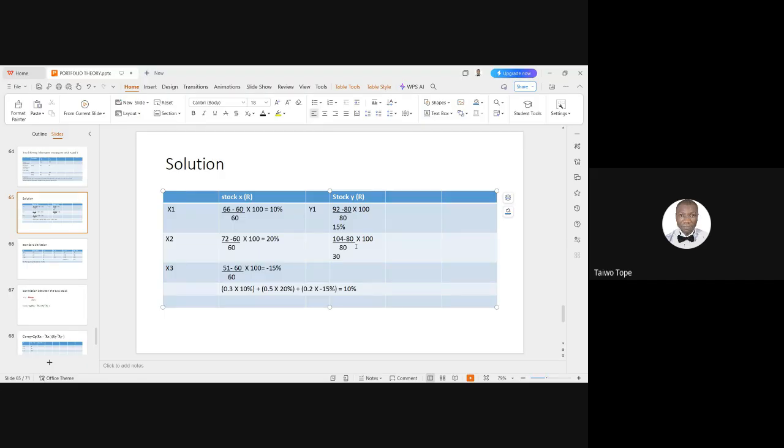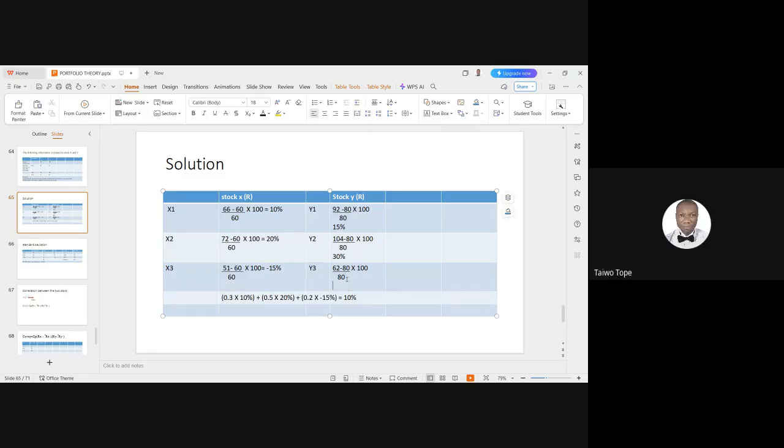So when you solve this, you have 30%. And so these will be minus 22.5%.